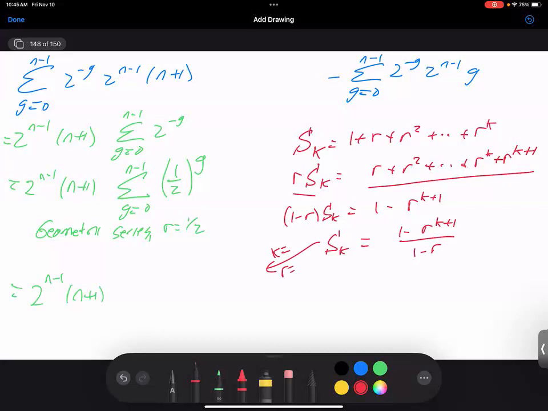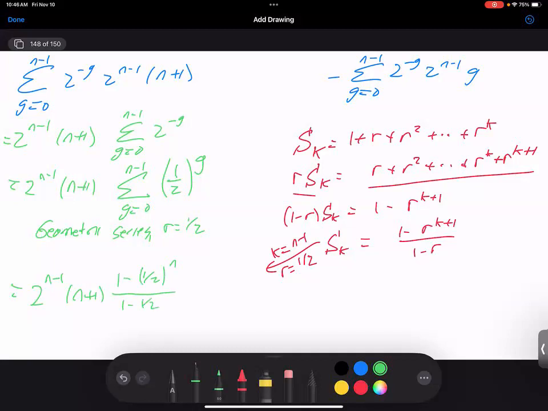So what would k equal and what would r equal if we want to apply this to our sum? n minus 1 would be k, and r would be 1/2. And so we'd get 2 to the n minus 1, n plus 1, and then we would get 1 minus 1/2 to the n over 1 minus 1/2.